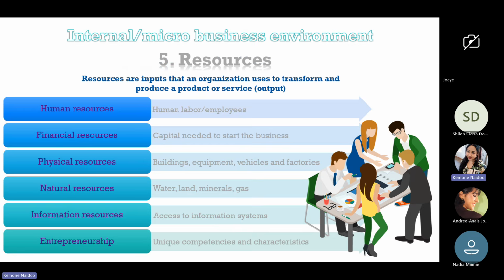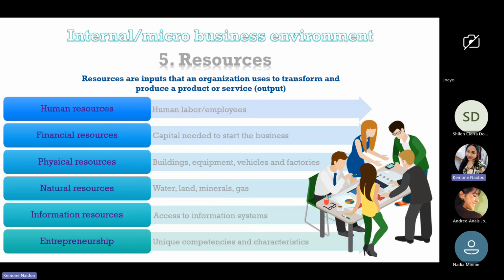And then we have resources. So resources is another element or another component that we are able to control. Remember that we can use resources as an input in our transformation process. So we get different types of resources. We have our human resources, which are people that are working for us. We have our financial resources.